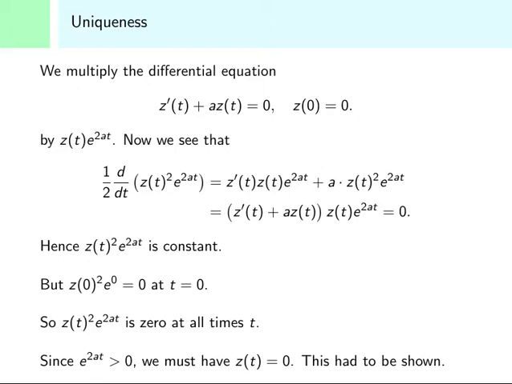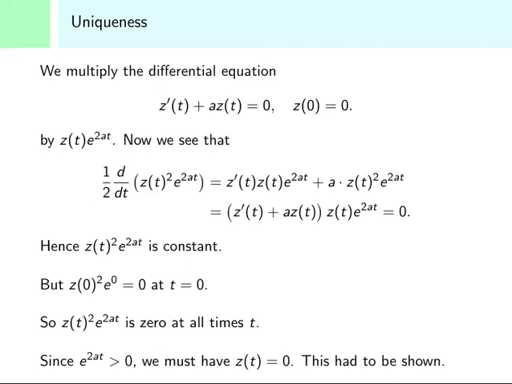Showing that z equals 0 is a bit technical. We take a look at this differential equation, z prime of t plus a z of t equals 0, with initial data z of 0 equals 0. Now we multiply the differential equation by some factor, namely z of t times the exponential of 2at.